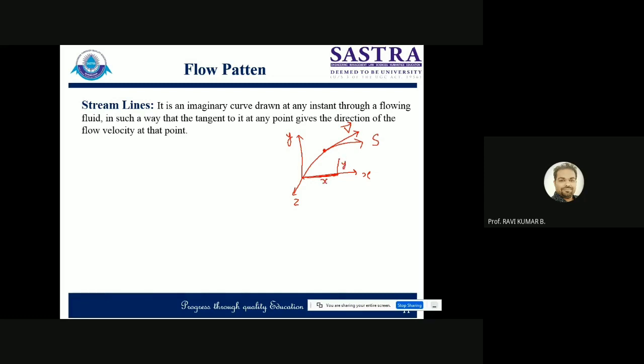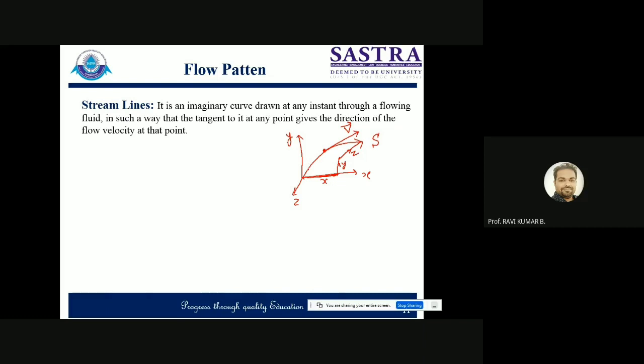If I connect the z coordinate which is here to the final point where it has gone, this is z, this is y, and this is known as streamline. As I said, a streamline is represented by a capital S.